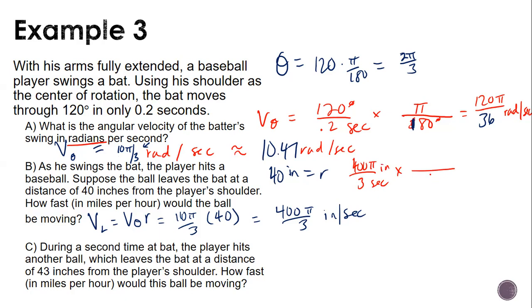Okay, so inches. How do I go from inches to miles? Feet, and then feet to miles, right? So 12 inches is 1 foot. 1 mile is how many feet?